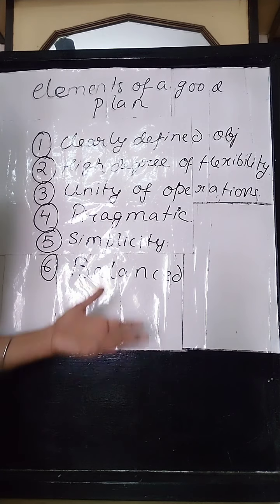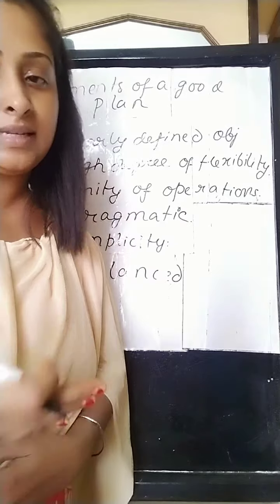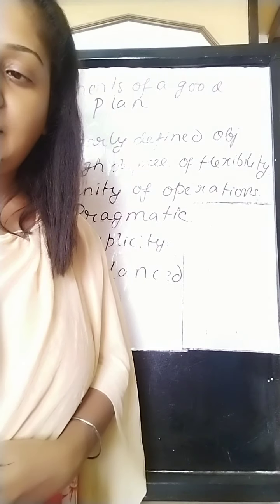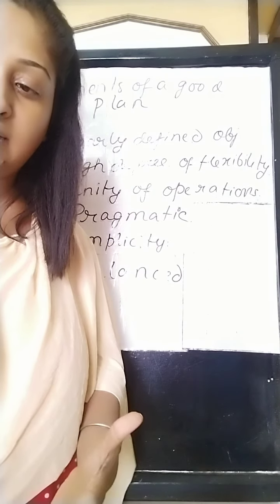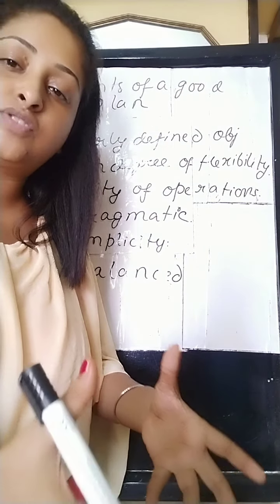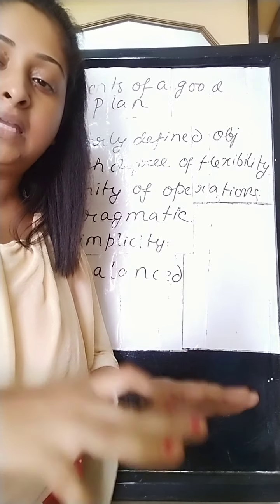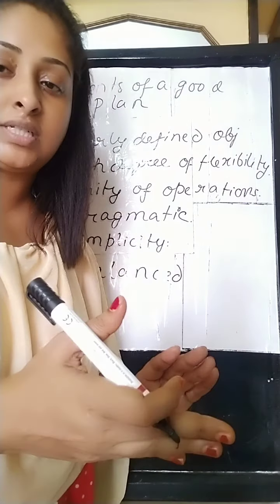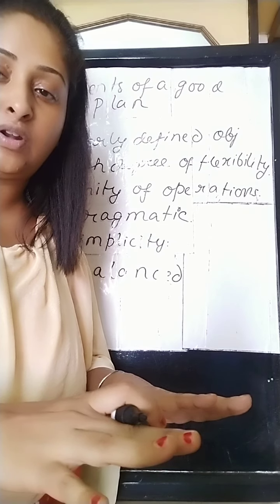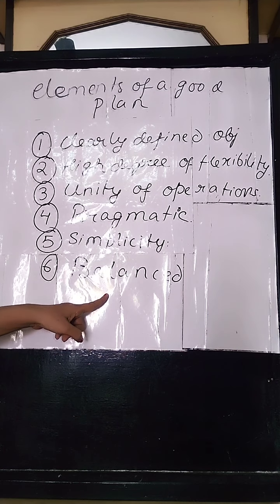There should be proper coordination between the short-term plans and the long-term plans in an organization. Plans must be integrated in such a manner that the short-term objectives contribute to the long-term objectives of an organization. A parity should be kept between the long-term and the short-term objectives and strategies. That is what is meant by the point balanced.